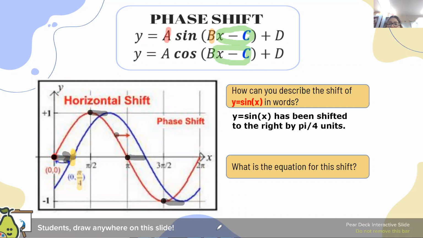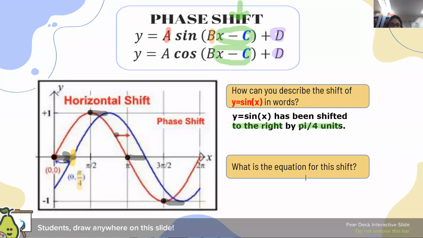So with our phase shift, we're going to be adjusting value C. And lastly, we have D, which is what we talked about last time, and that is a vertical shift up and down.